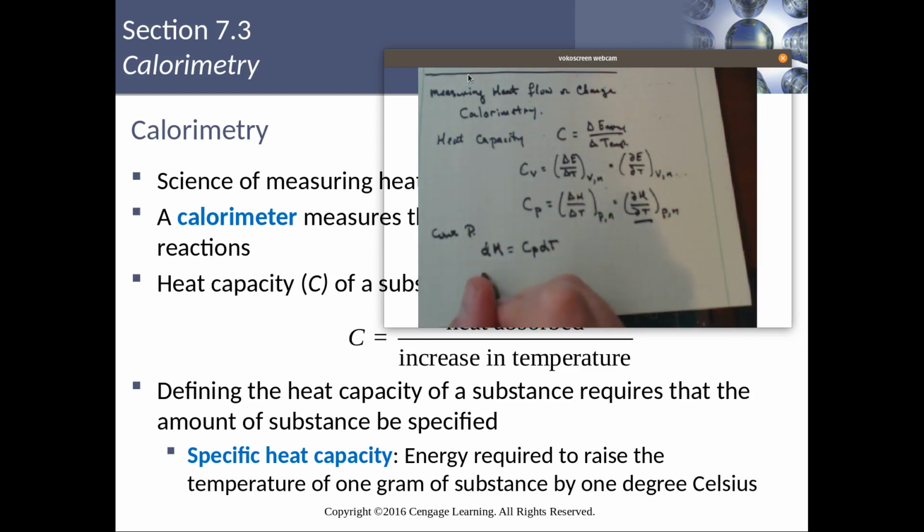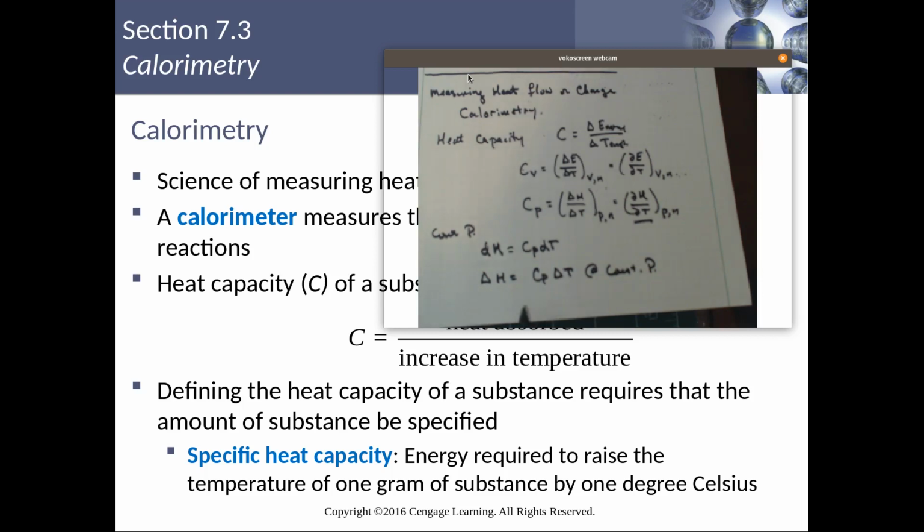Or if I want to write this, I can write delta H is equal to Cp, assuming that the heat capacity doesn't change over this temperature range, times delta T for this quantity at constant pressure. Always remember, what am I holding constant?